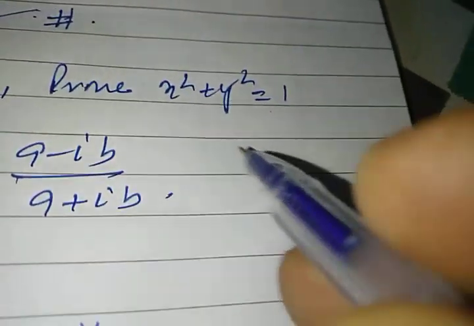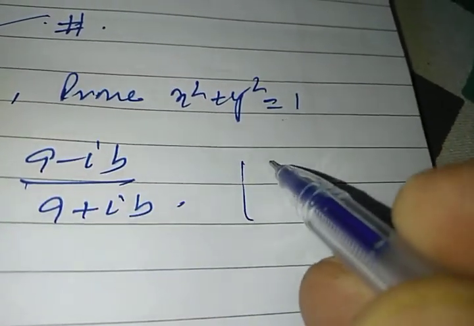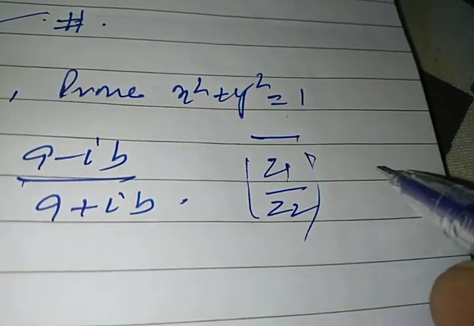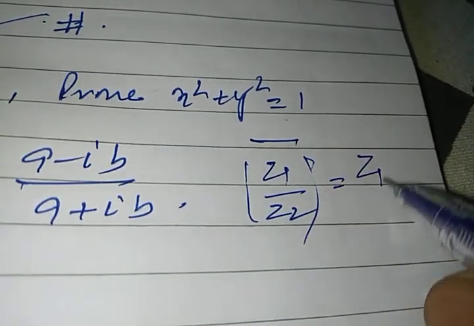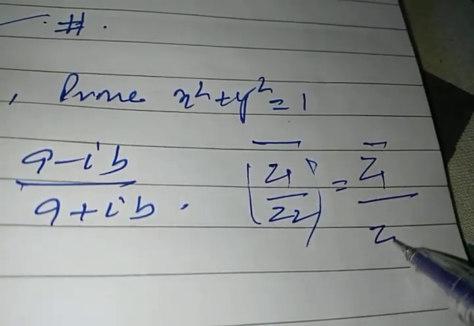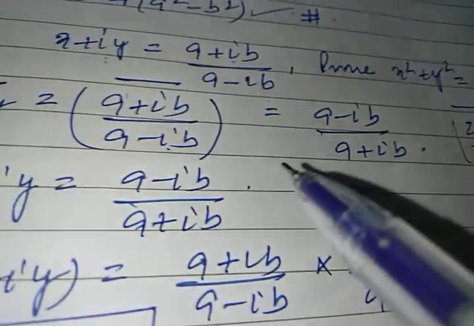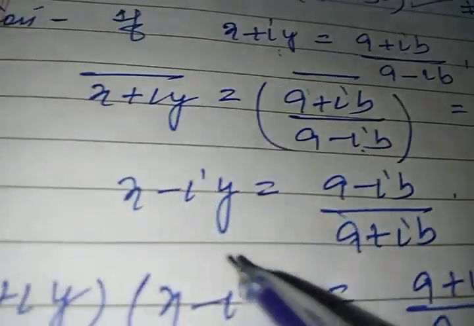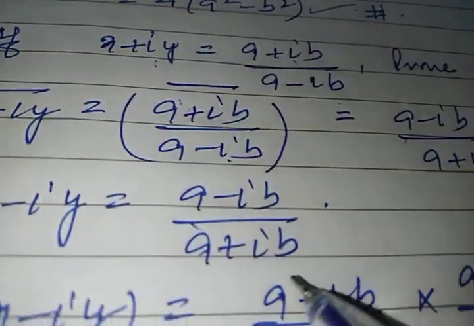You know this property or not? I have told you already, the conjugate of z1 upon z2 will be equal to conjugate of z1 upon conjugate of z2. So see, I have done the conjugate of this here, the conjugate of this here like this. So we got x minus iy is equal to this.